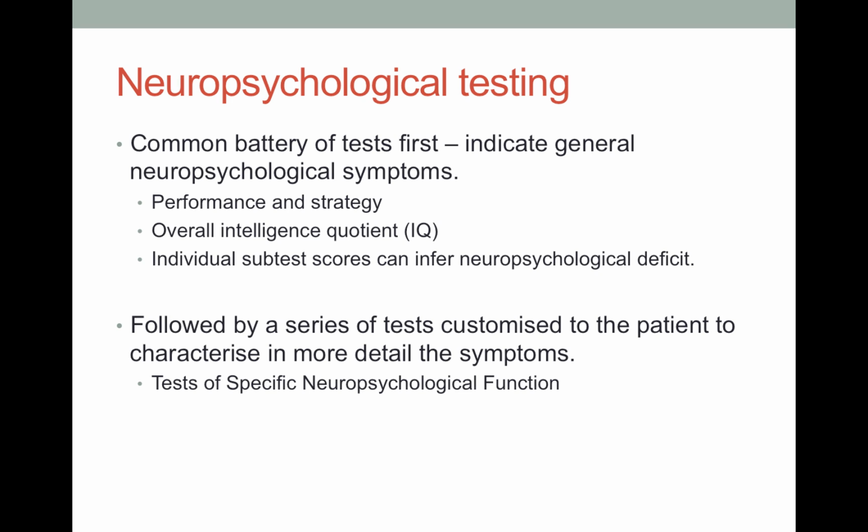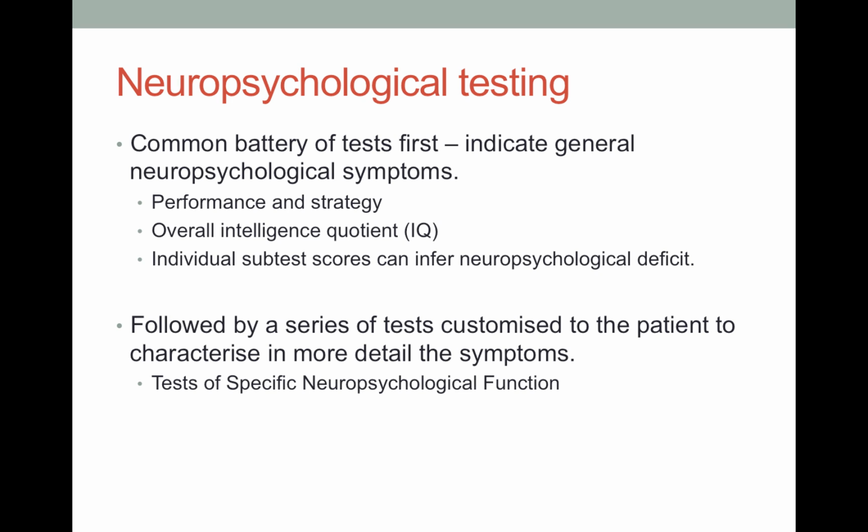The neuropsychologist will start with a common battery of tests to indicate the general neuropsychological symptoms. Depending on the results of the common battery of tests, the neuropsychologist will select a series of tests customized to the patient to characterize in more detail the symptoms.